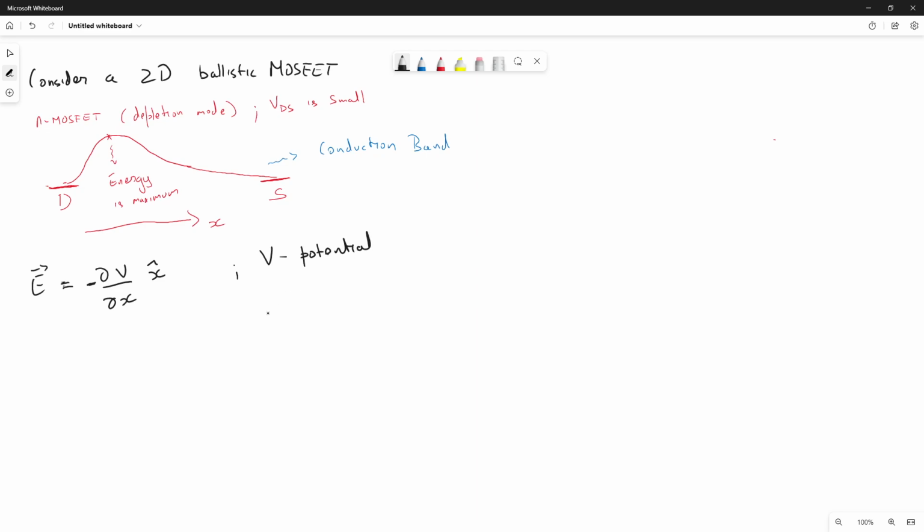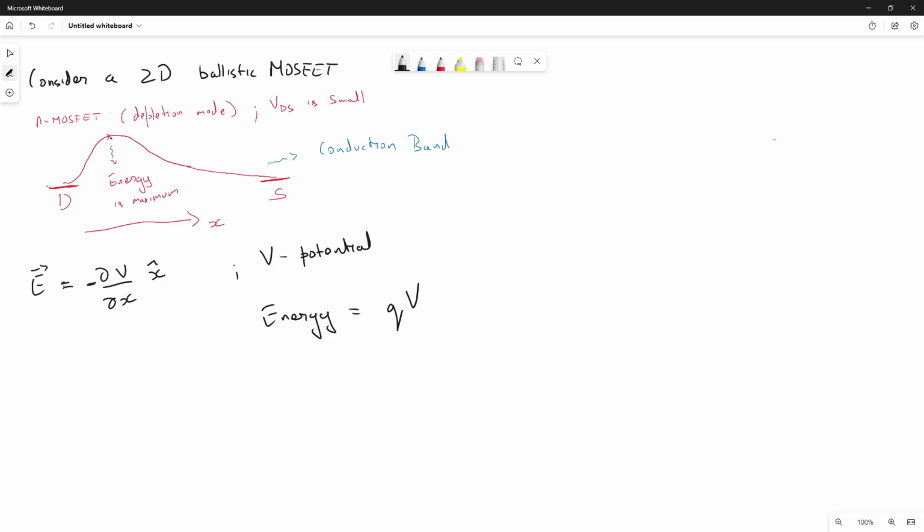Now, what is the energy? Energy is Q times V, right? Yes, sir. Okay. Now tell me this. In this energy distribution, this is a maxima point. If it is a maxima point, what will the derivative be at the maxima point? Zero. Yes.